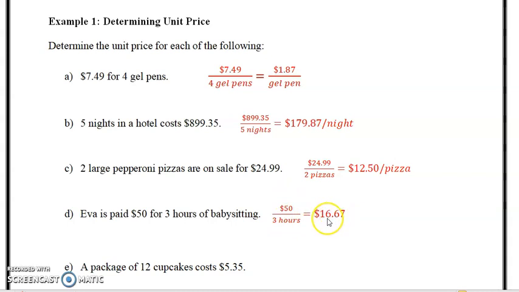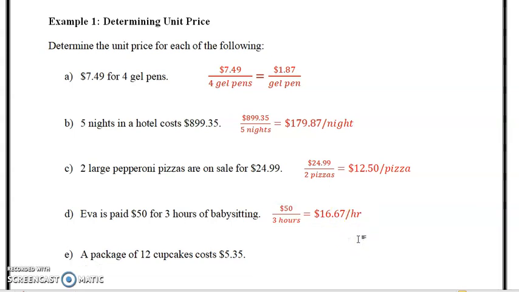So 1.6, but it's going to be $16. And the 6 repeats, so the 6 rounds the 6 up to a 7, because we have to go to 2 places after the decimal, or the hundredths place. So it will be $16.67 per hour.